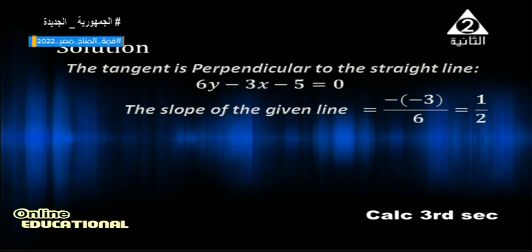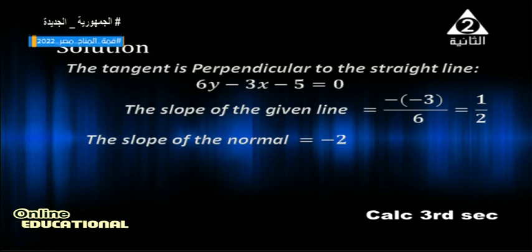Now, we have the slope of the straight line. And we know that the tangent is perpendicular to the straight line, then the slope of the normal equals -2, because the slope of the tangent multiply the slope of the normal equals -1.